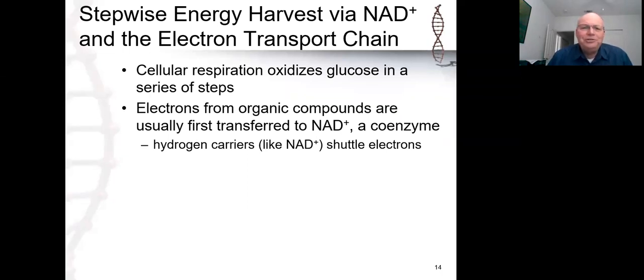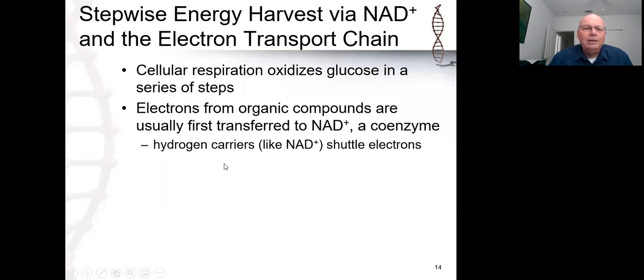So it could be an energy shuttle, an electron shuttle, an electron acceptor. And in the process of accepting those electrons, obviously it's going to become reduced. Gain of electrons, remember, is reduction. So the NAD+ is going to be the temporary home of the electrons that are going to be extracted.